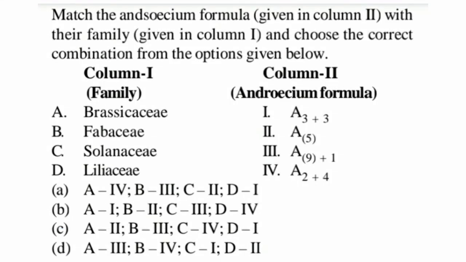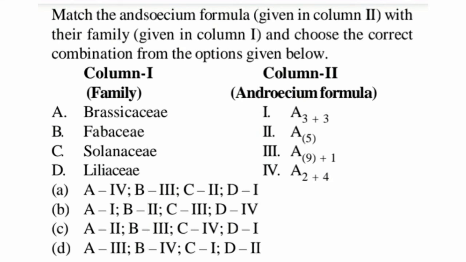Next question. Match the androecium formula given in column 2 with their family given in column 1 and choose the correct combination from the options given below. Okay, so column 1 families are given, column 2 their androecium formula is given. Brassicaceae, that is A2 plus 4, whereas Fabaceae, that is A9 plus 1.